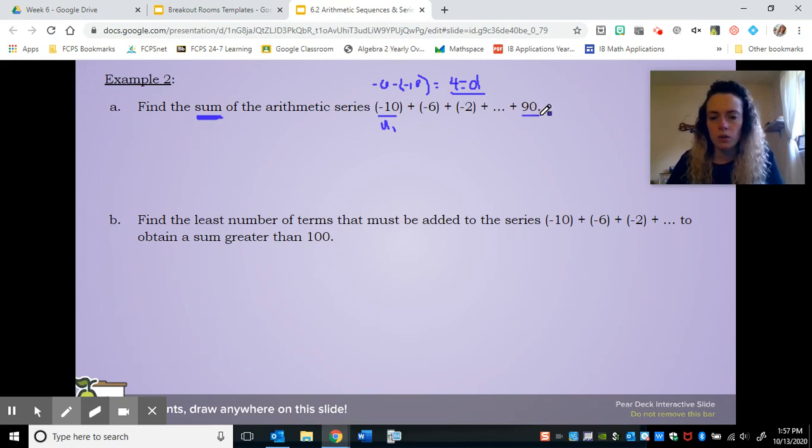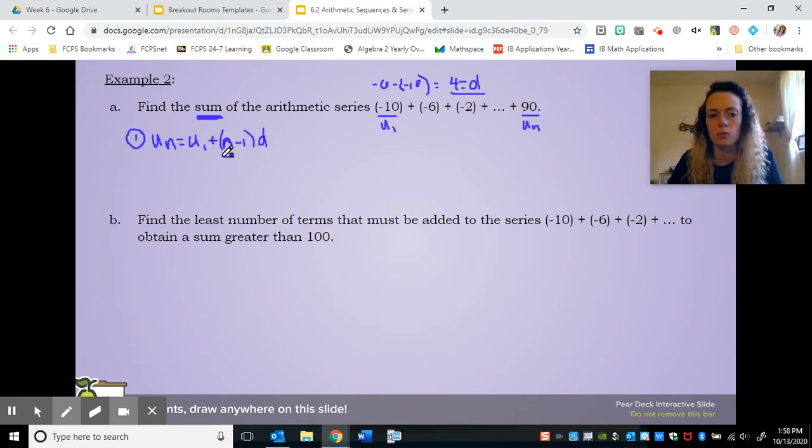We also know what u sub n is. We don't know where in the sequence 90 is, but we know it is the last term of the sequence. So because of that, we need to figure out what n is. So instead of jumping straight to the sum, what we're going to do first is find n by using the general term formula. And we're using this formula because we have everything except n.